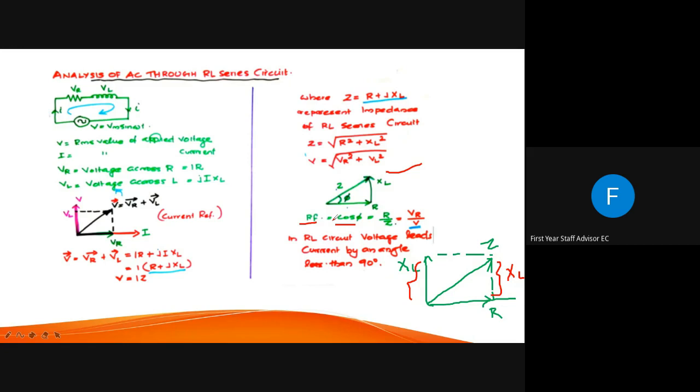Since there is an inductor, the voltage will be leading. Voltage leads the current. The angle is not 90 degrees because it is not a pure inductive circuit; there is a resistor also. So the angle will be less than 90 degrees. In an RL circuit, the voltage leads current by an angle less than 90 degrees.